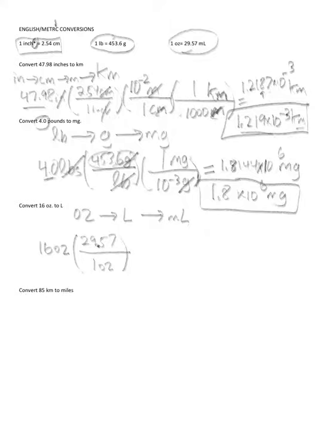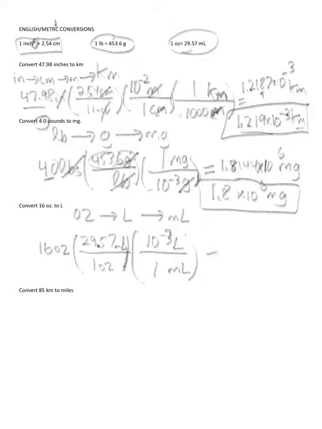And so that's 29.57 milliliters. And now I can change milliliters to liters by putting liters in the numerator, milliliters in the denominator. Milli is an SI prefix that means 10 to the minus 3.